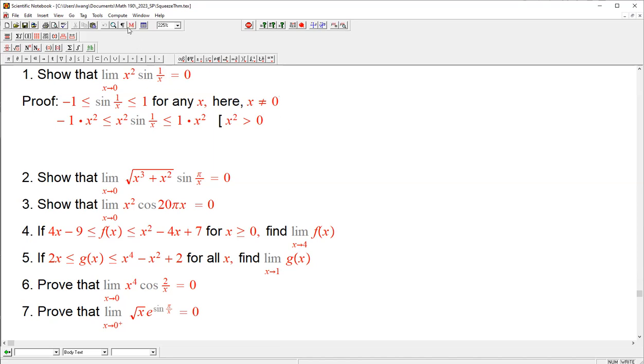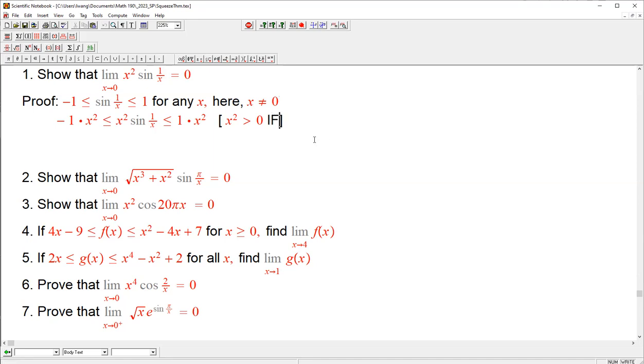Well, in this case, we're actually using principle number 4, and it's also the extended principle for inequalities. So here I'm going to put a little note.